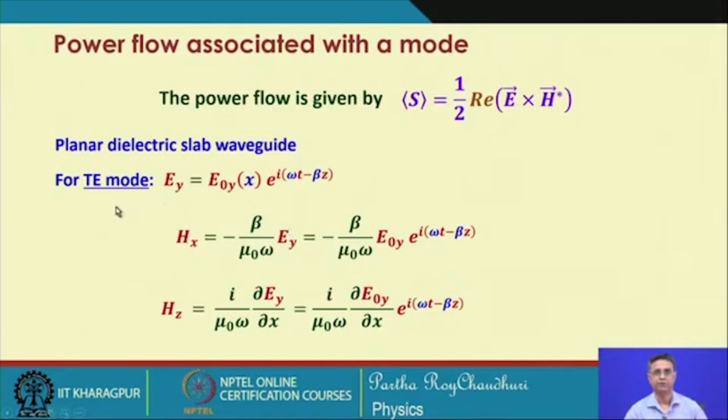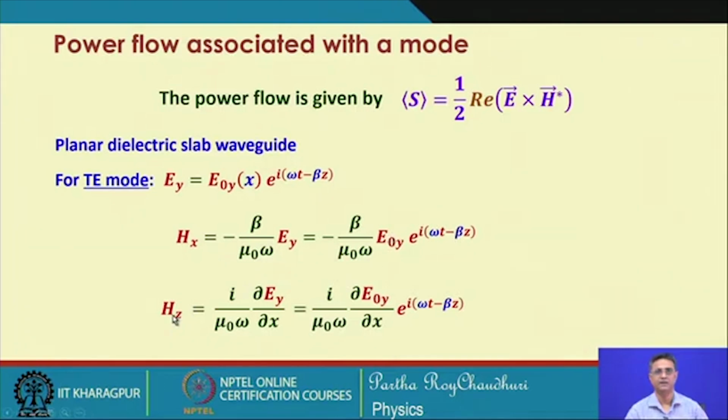So, for TE modes, we represent the electric field in this way: E y equal to the amplitude E 0 y as a function of x, which varies across the waveguide dimension x, and this phase factor e to the power of i omega t minus beta z. Now, H x and E y are connected, as we have seen through this expression, which is a consequence of Maxwell's equation, and writing explicitly the electric field we can write in this form.